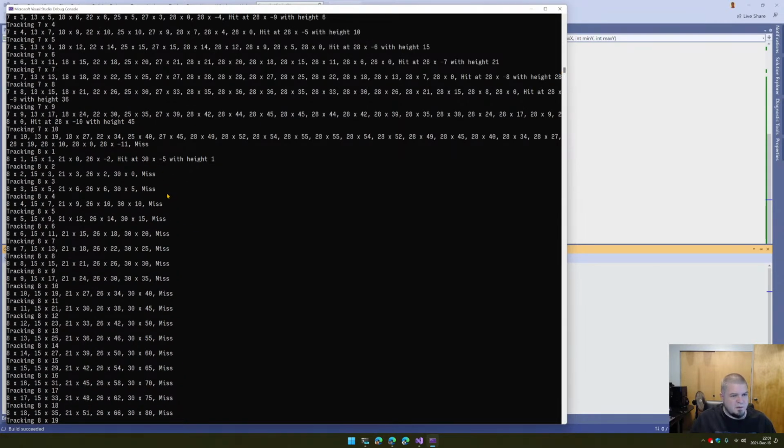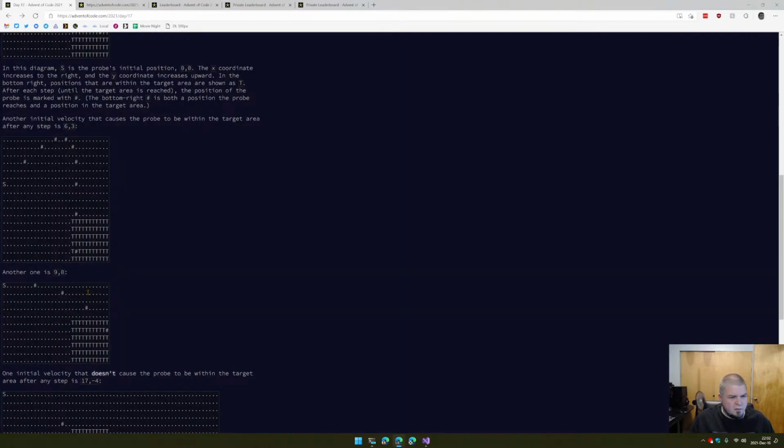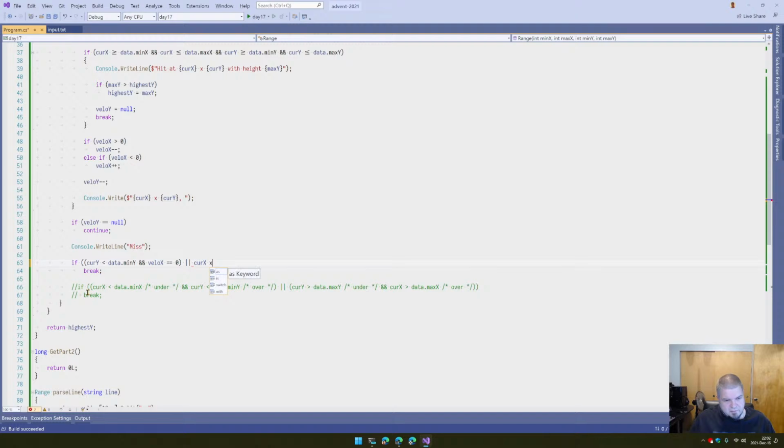And 7. Then here on 8, we also need to say if we overshoot x, then our x is too big for this y. And adding more height isn't going to help. All right, so then we say, or current x greater than data max x.